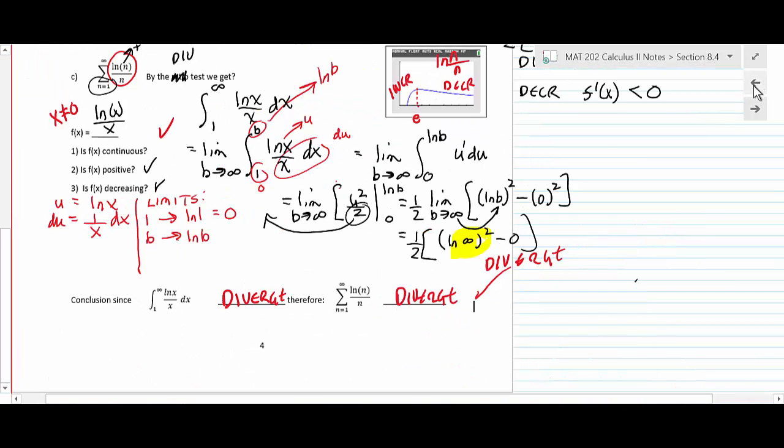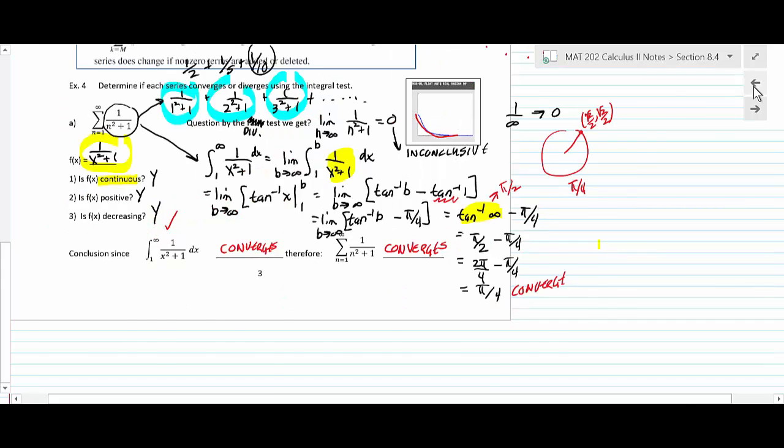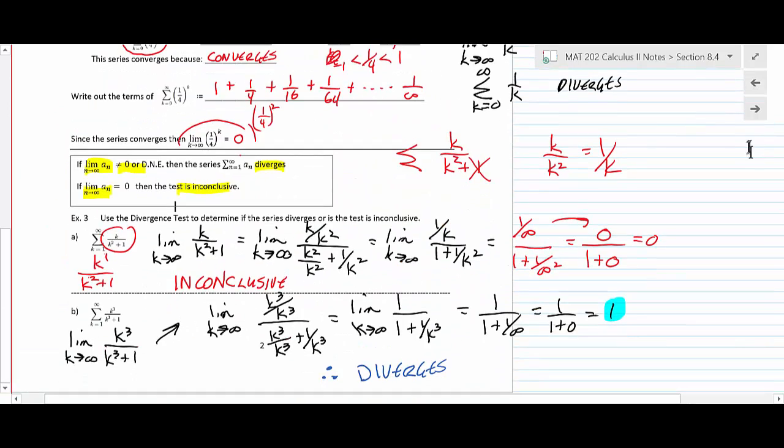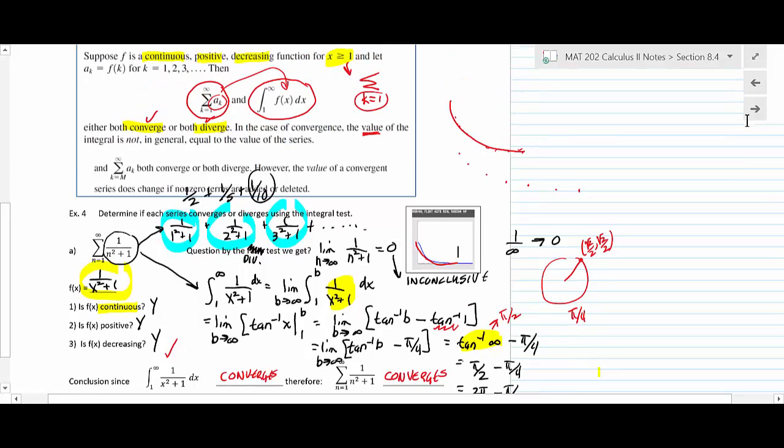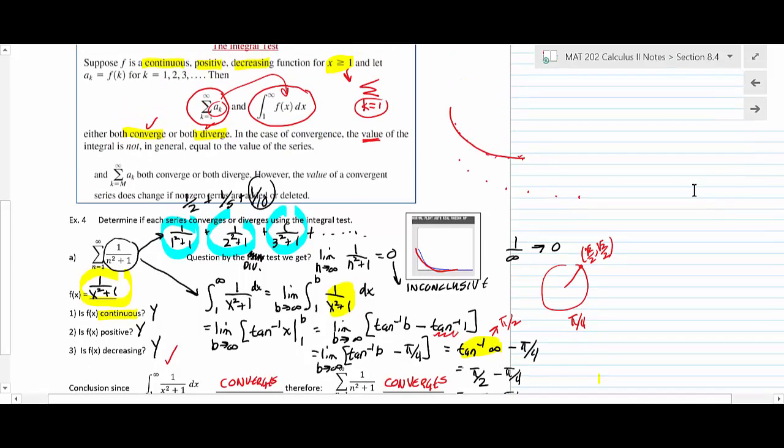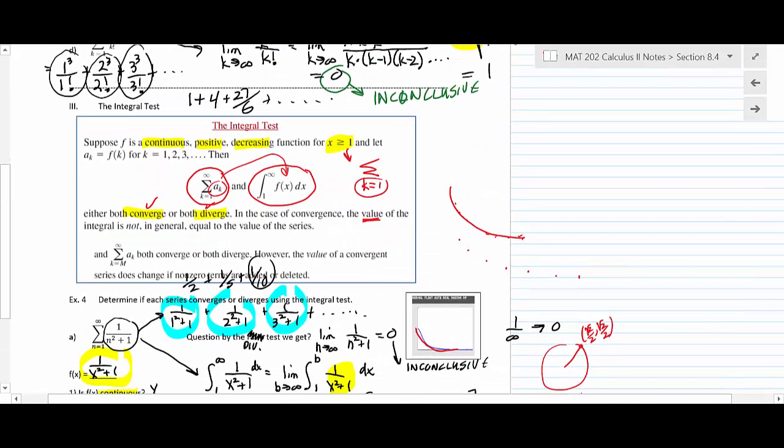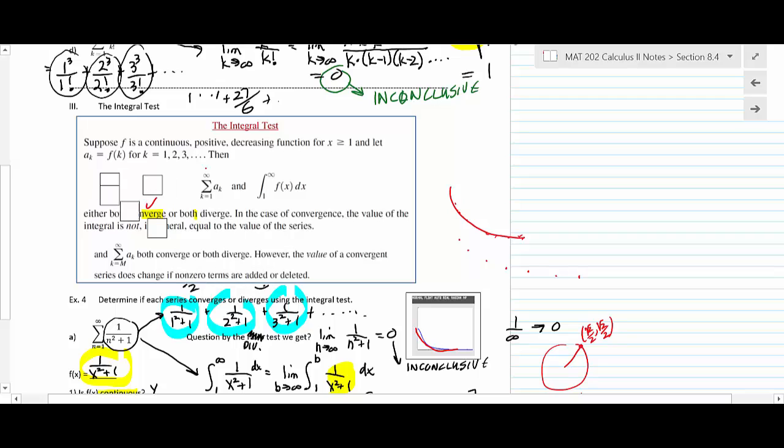Yeah, here's the integral test right here. So let me remind you of what the integral test is saying. You have a continuous function, positive, decreasing, the terms are decreasing, so they're getting smaller.